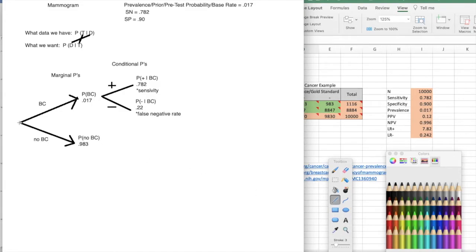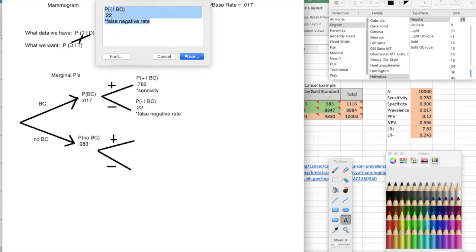So this person could walk into the clinic and they don't actually have breast cancer. They take a mammogram. It's either going to be positive or negative. So they don't have breast cancer. They test negative on the mammogram. So the probability of negative given no breast cancer, aka specificity, which we already know, is 0.9.